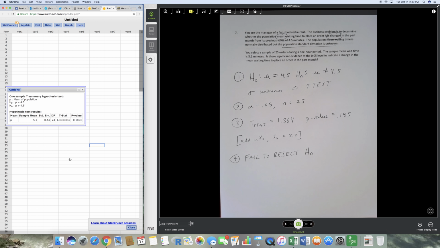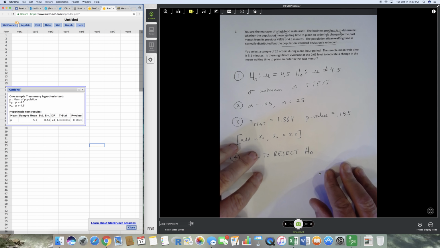We've done 3 problems here that kind of remind you a lot of each other, but 2 of them we got a reject, and then this one we got a fail to reject, and primarily it's because of some stuff behind the scene on this higher sample standard deviation.